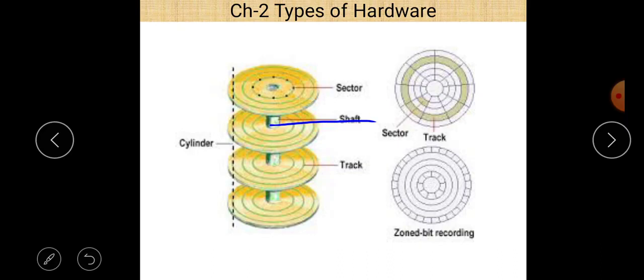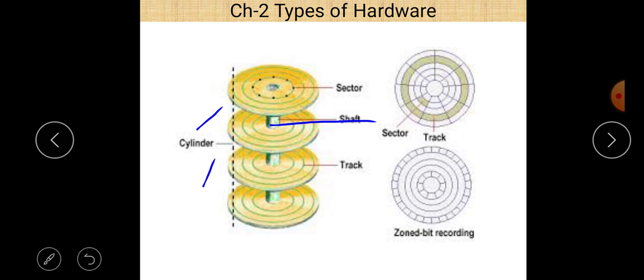into a hard disk. And next is a cylinder. You can easily see that cylinder: the track of one platter, the track of the second platter, the track of the third platter, and the track of the fourth platter. If we connect all these tracks, then we get a cylinder.